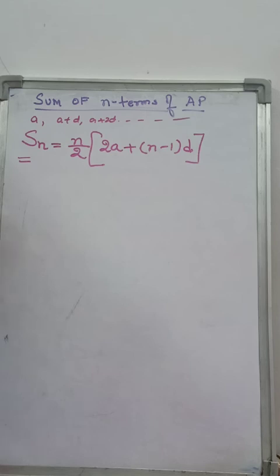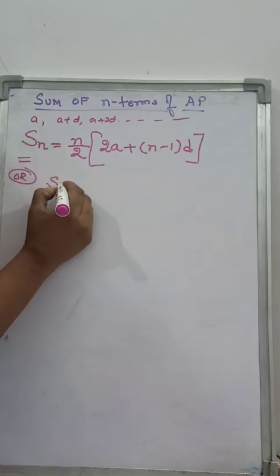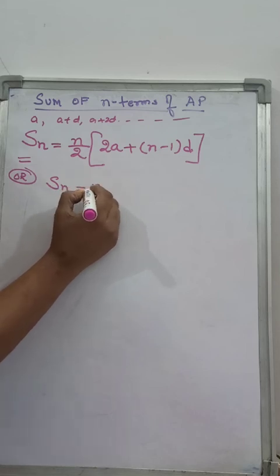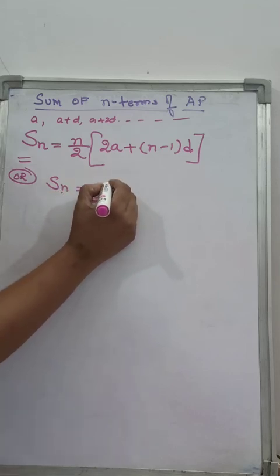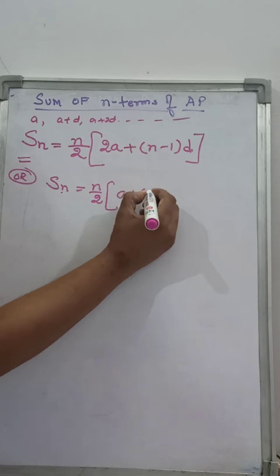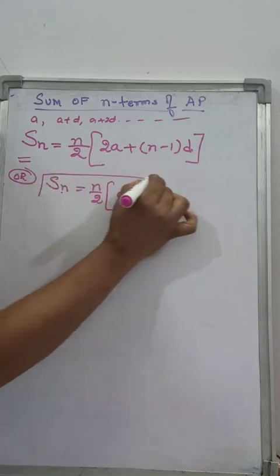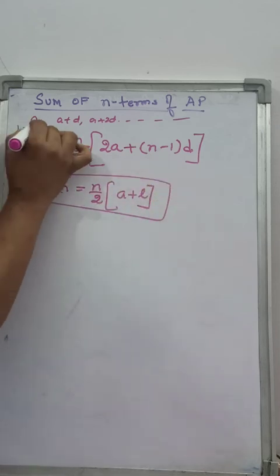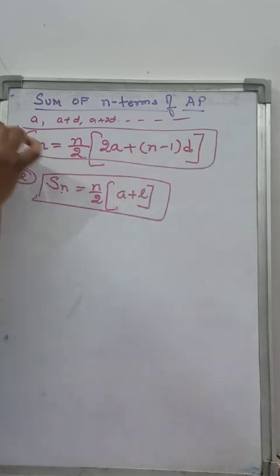So you will be using this formula, or if in the question the last term is given to you, then you will use S n equals n by 2 into a plus l. So these are the two formulas to find the sum of n terms of an AP series.